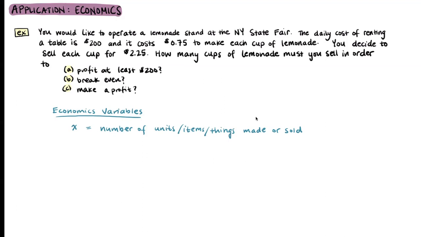Our second variable is the cost for the producer, or for the lemonade stand operator, for you in this case. What will it cost you to rent the table and also make each cup of lemonade, or all of the cups of lemonade, depending on how many you make? So your total cost, let's call that C, capital C for cost. This is the total cost to the producer.